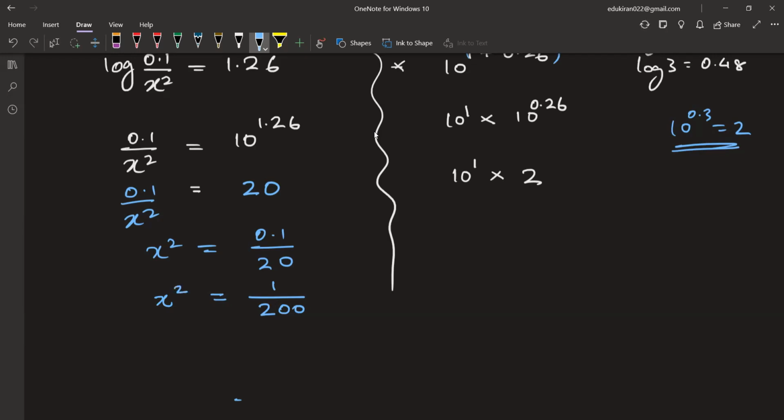So x square, and x will be equal to... So how did 0.1 by x square become 20? x स्क्वायर इधर चला गया, 20 नीचे आ गया इसके.